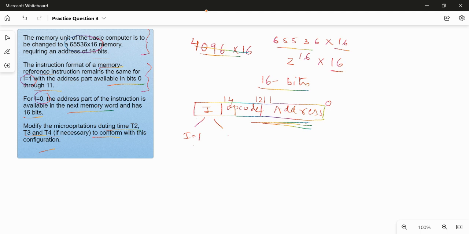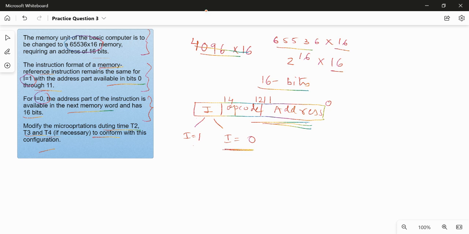So for that, we can follow the same instruction cycle for decoding the instruction as well as for reading the effective address. Now, if I is equal to 0, that is the other possible value for the last bit. So what should happen if I is 0? Direct memory reference instructions. So that is explained here in the third part of the question. So for I is equal to 0, the address part of the instruction is available in the next memory word and has 16 bits.